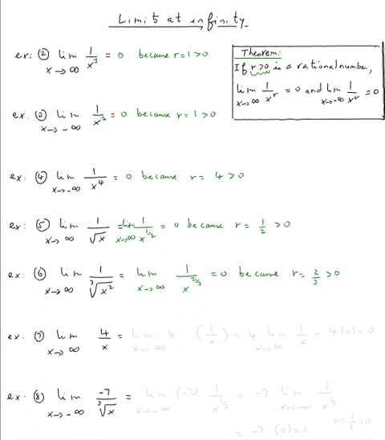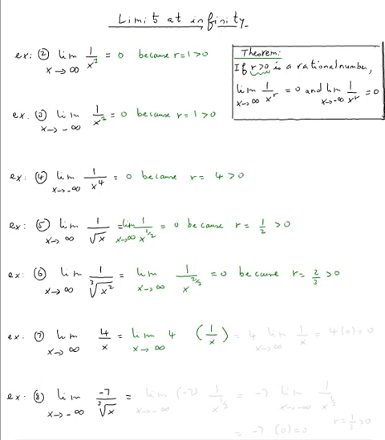Now, for example 7 and 8, I want to do this. First, I'm going to rewrite, because we have the 4, not a 1. To use that theorem, this is what we do. I would say this is the same thing as the limit of 4 times 1 over x as x approaches infinity. Now we have to think of this as two functions.